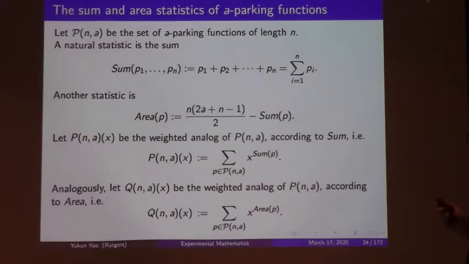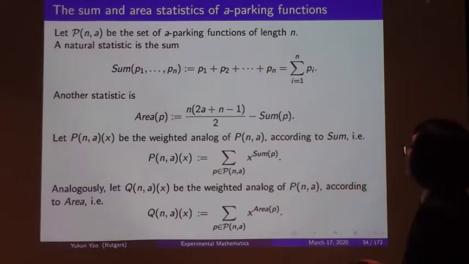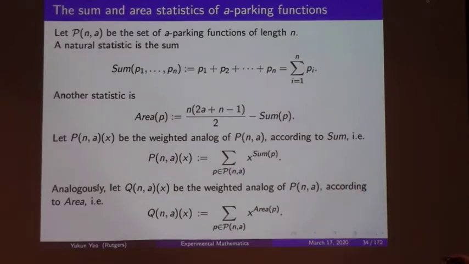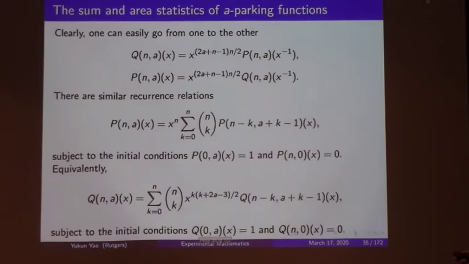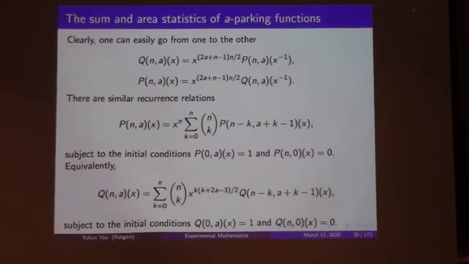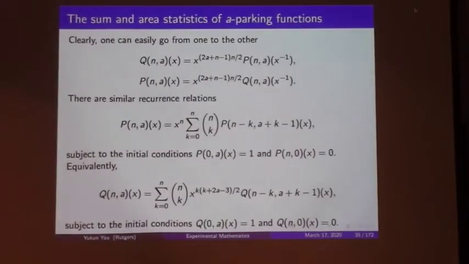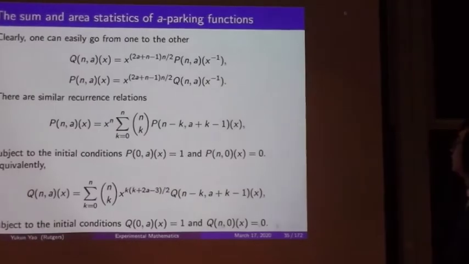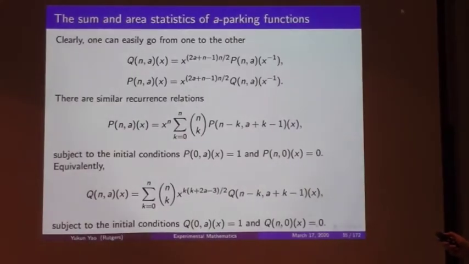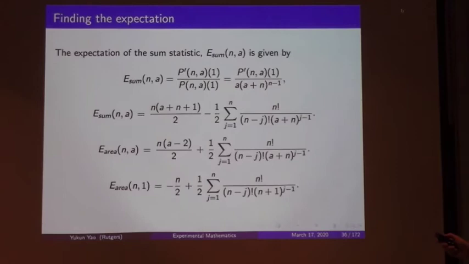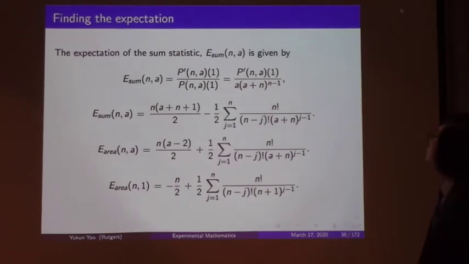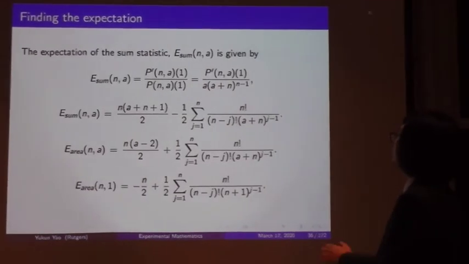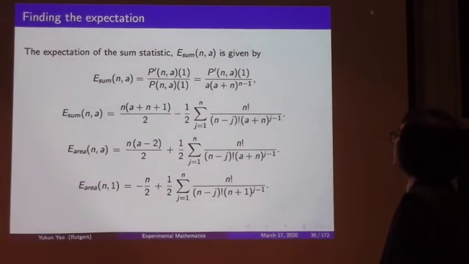Then we can define P_{n,a}(x) and Q_{n,a}(x). They are just weighted analogs of P_{n,a}. And then similarly, we can get a recurrence relation for P_{n,a}(x) and Q_{n,a}(x). Then from P_{n,a}(x), we can get the formula for the expectation of the sum.